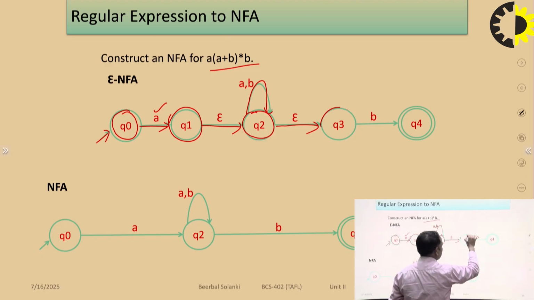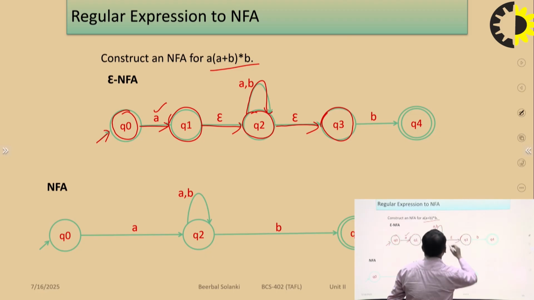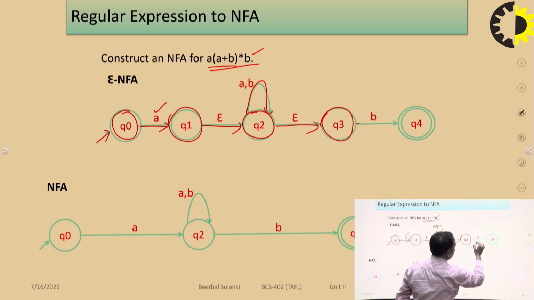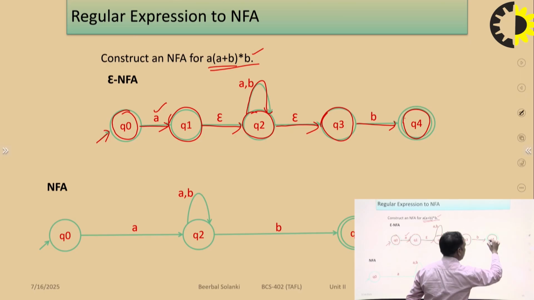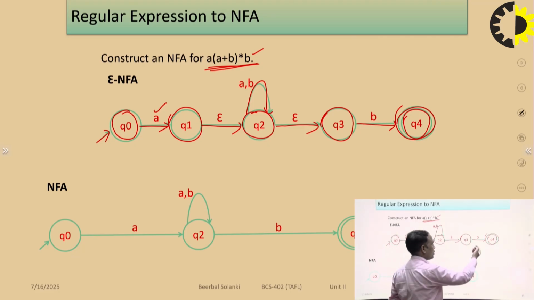We reach the Q3 state if we give the epsilon input, and now b is also the input in the concatenated form. Q4 is the final state, because here the string is finished. So it is the final state.